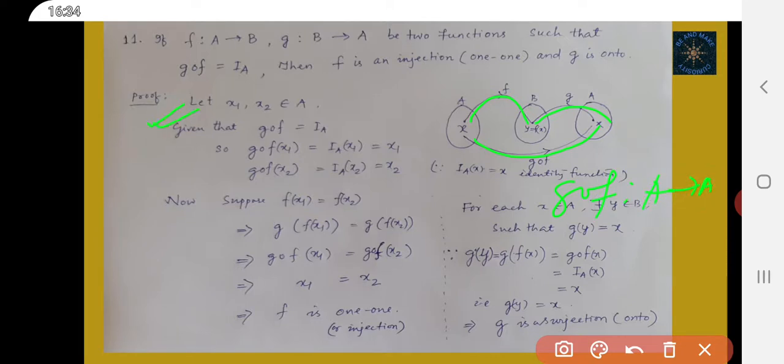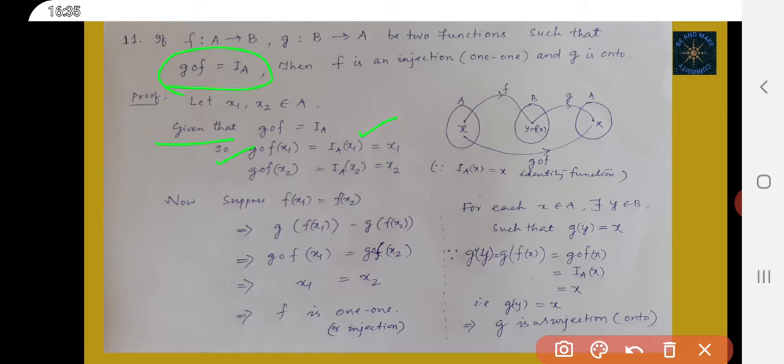Here let x1 and x2 be the elements of set A. What is given? Now this is given, g∘f is equal to the identity function on set A. So we can write g∘f of x1 is equal to I_A of x1.